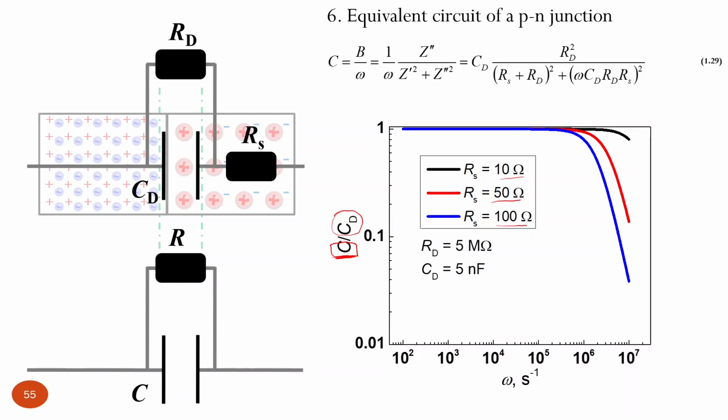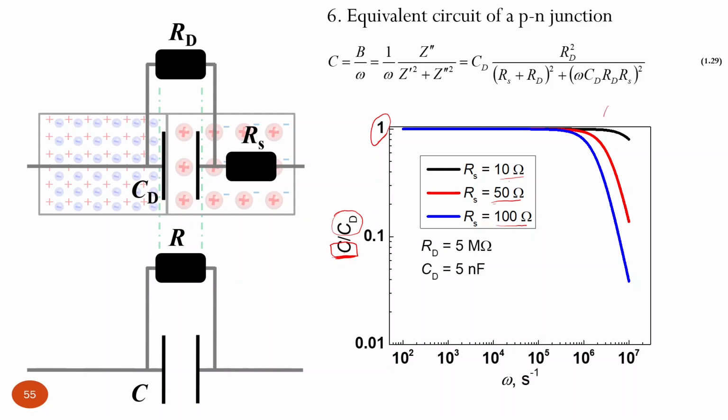So we want to be in this range of unity, because we want this measured C to be equal to CD. So the ratio between them should be unity. But we see that at high frequencies, it is very far from unity. It goes down quite a lot. Even for 50 or 10, it also deviates from unity.